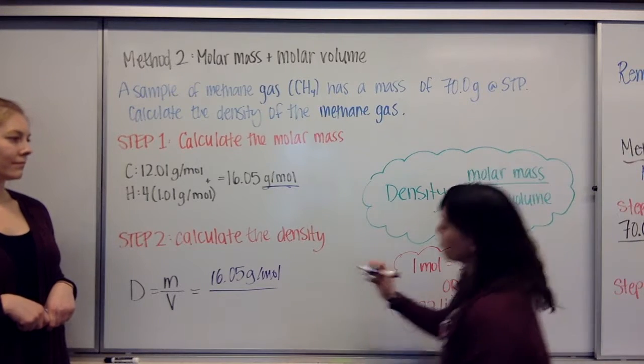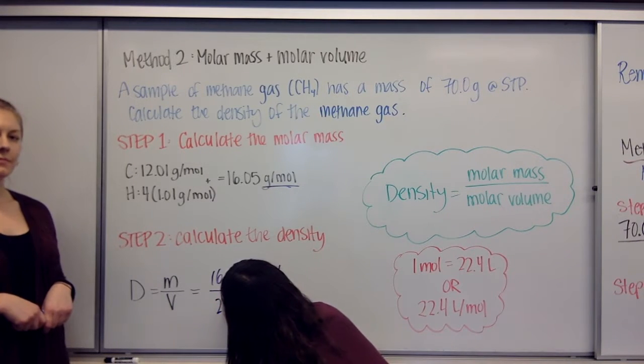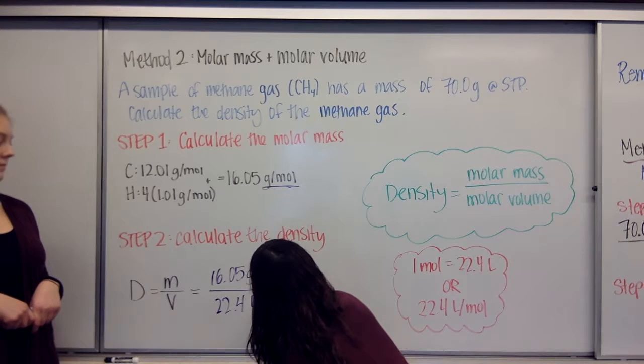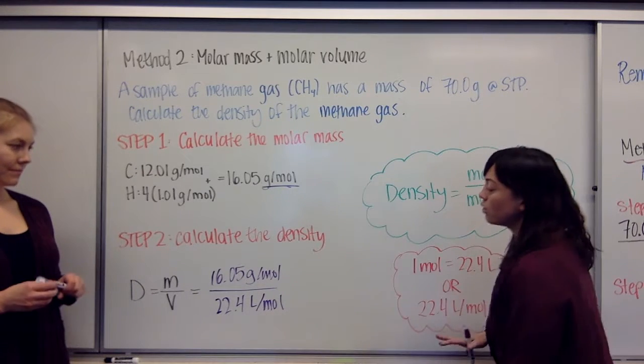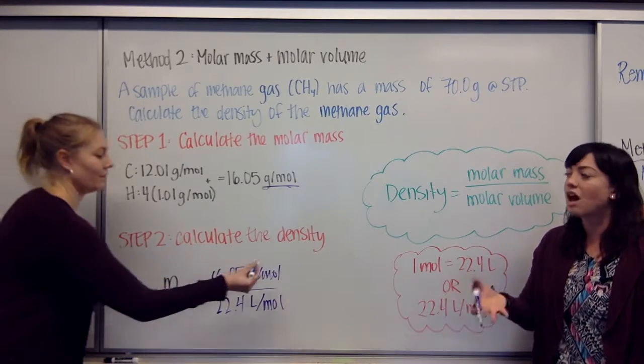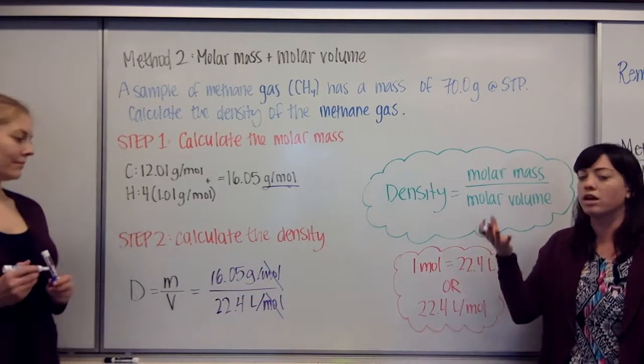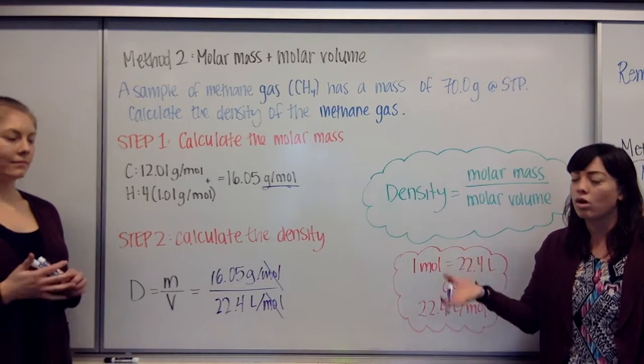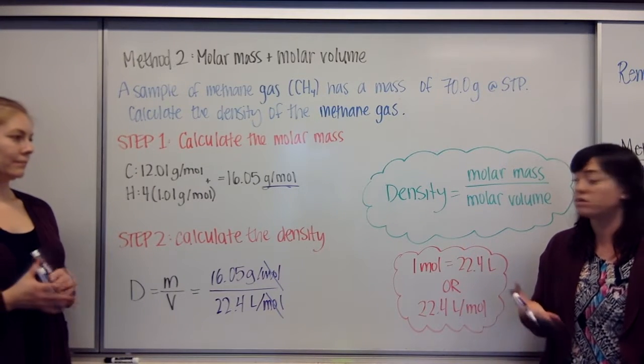And so I will put my 22.4 liters per mole down here. And you can see that my moles actually cancel out. So that's how we end up with the grams per liter, our normal units that we want when we're talking about density.